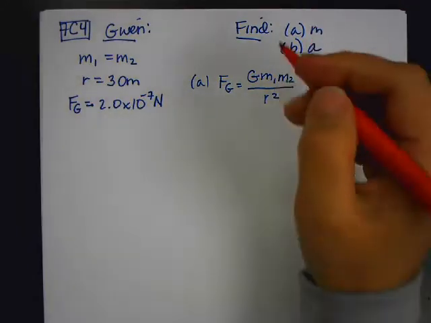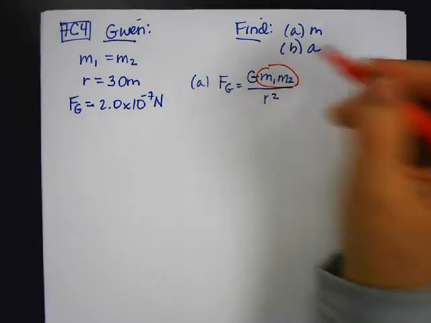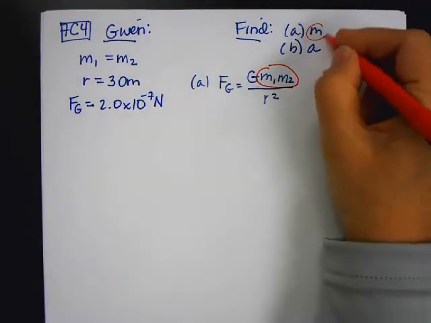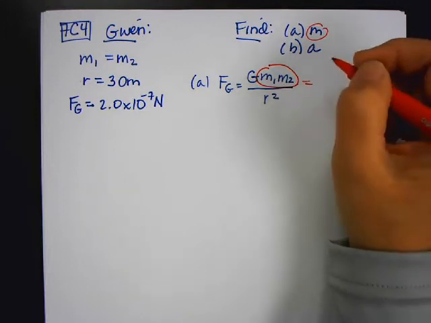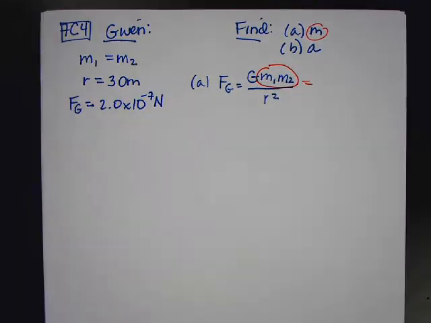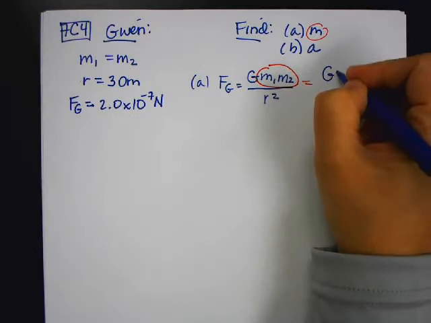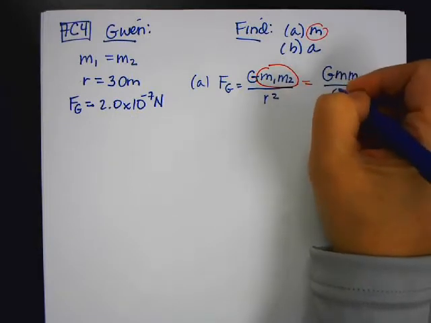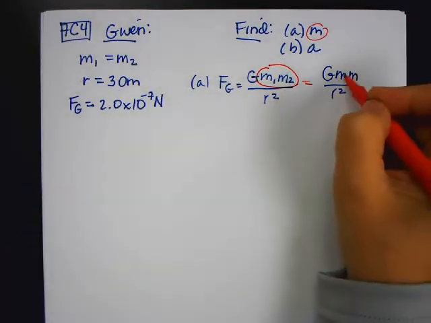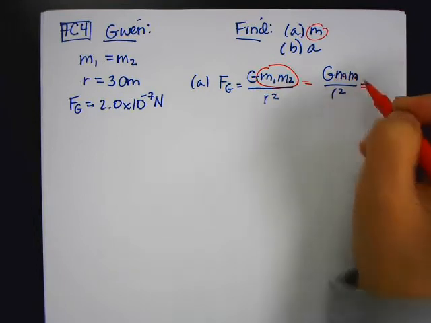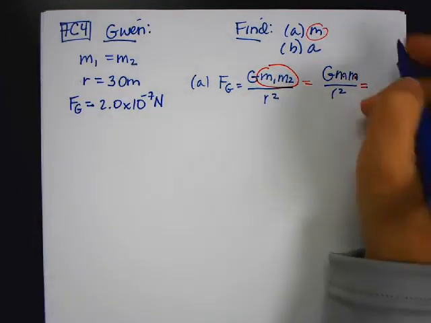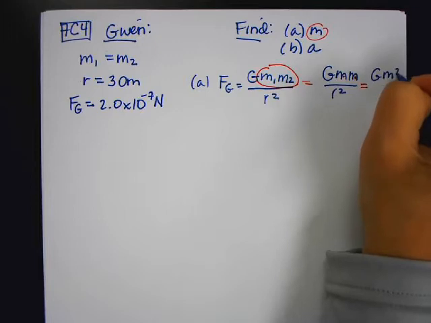So instead of calling them M1 and M2, I'm just going to call them M. Because they're equal, M times M is equal to M squared, not 2M.